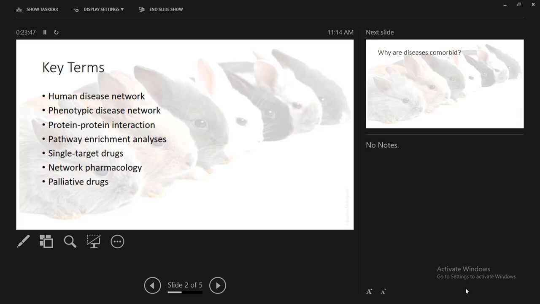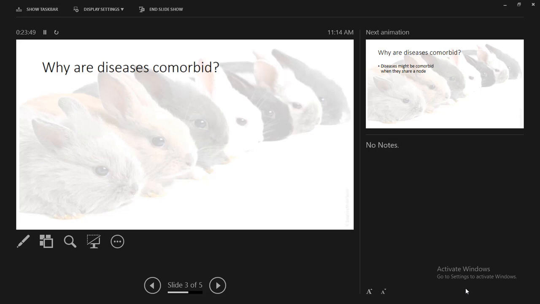All right. So why are diseases comorbid? And so what this is really getting at is what are the mechanisms of comorbidity? And basically, this all boils down to whatever the mechanism is, these are comorbid because they share some node. Okay?